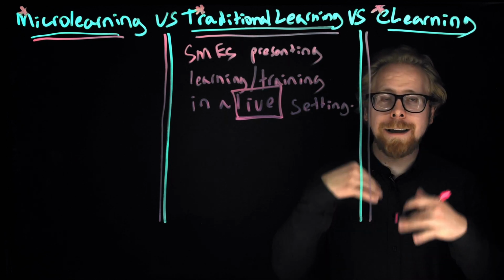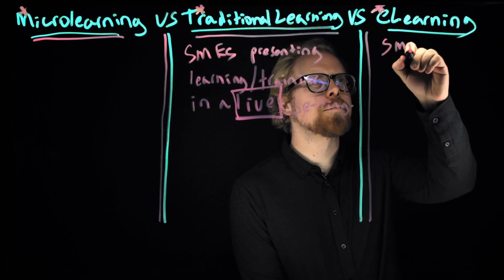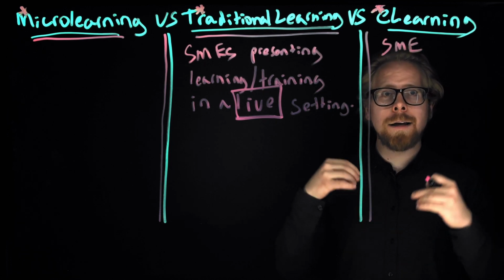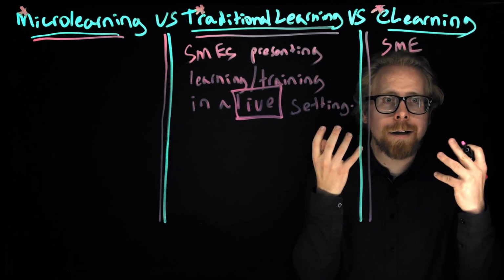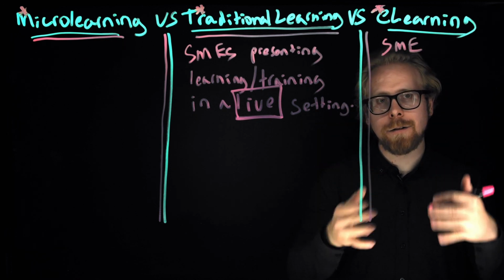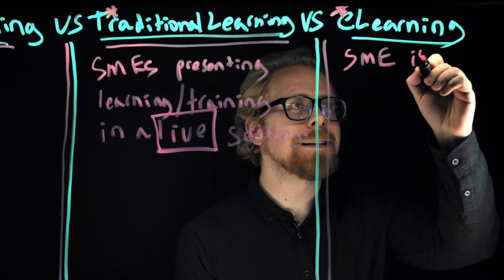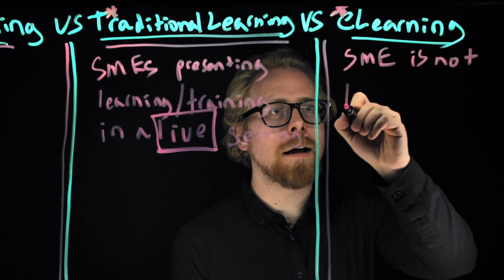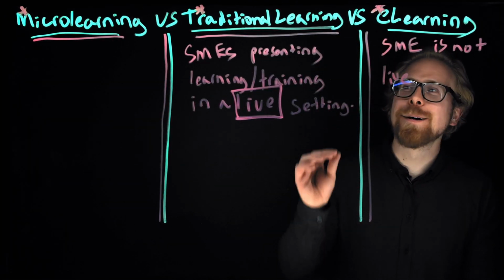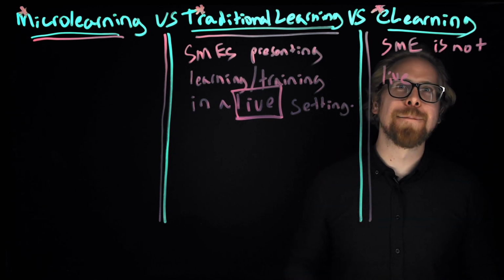So this is kind of the ideal definition of e-learning, is when an SME captures their learning in an online sense, in an online way, and presents it to the learners, and they're not live. SME is not live. Hopefully they're alive, but they're not live with the learners presenting the learning.